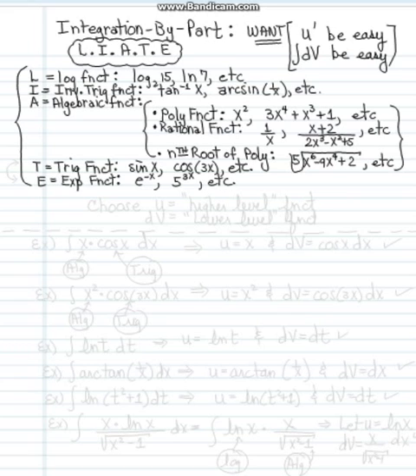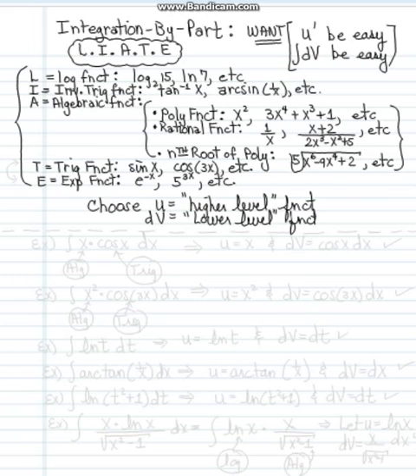And the way you want to use this is you're going to choose u equals the higher level function on the list. And then dv would equal the lower level, or sometimes not on there at all.